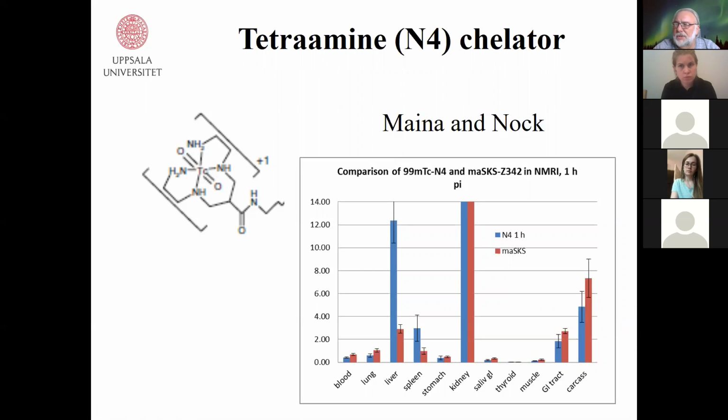Theodosia has used it for a number of short peptide analogs, for example, demobesin, a somatostatin analog, or demostatin, a somatostatin analog. Demo because she works at Democritus Research Centre in Greece. And all of them were based on exactly the same chelator.